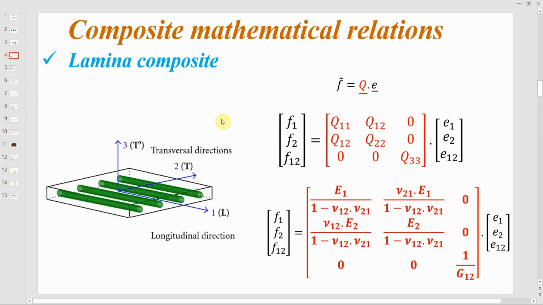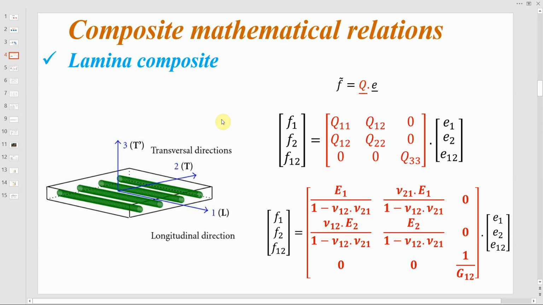If the composite is a lamina, there is a specific kind of equations, and if it is a laminate, the equation for this material is different.